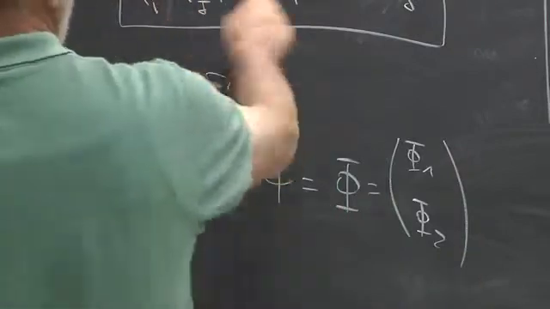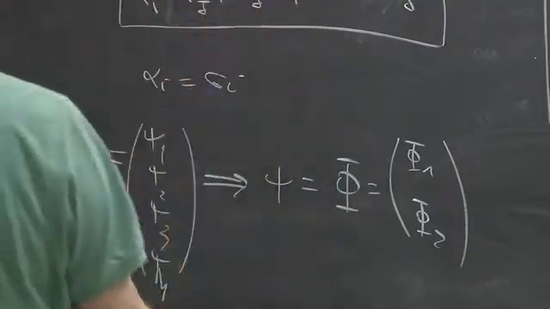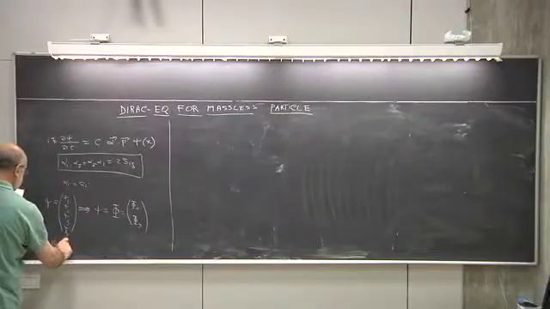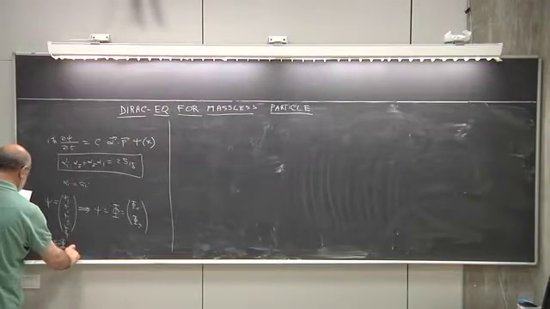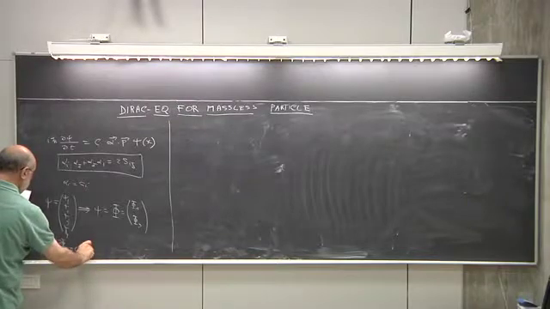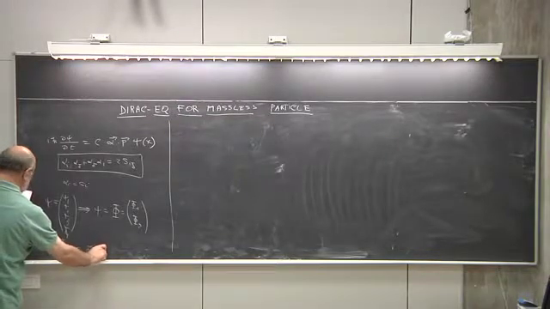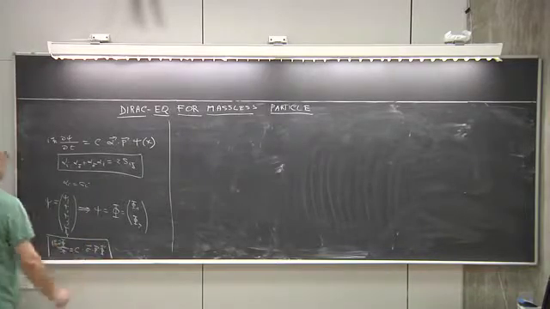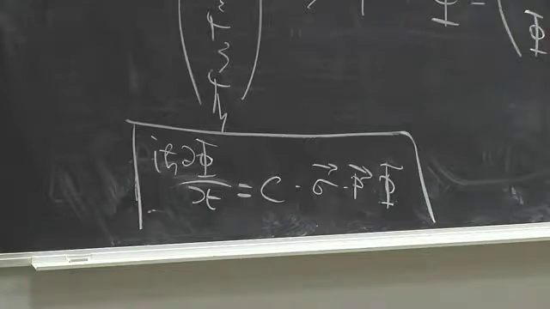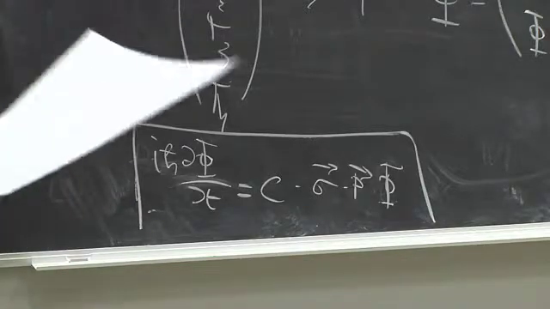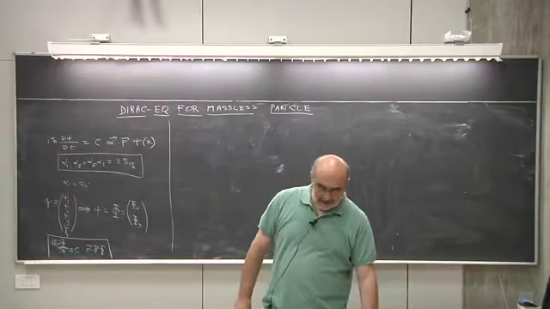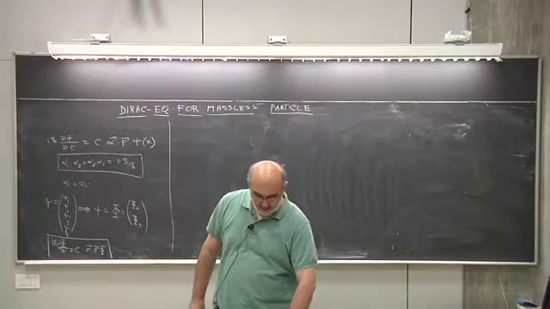Okay, and the equation then becomes i h-bar d phi dt equals c sigma dot p on phi. And so you see the Dirac equation for the massless particle actually is equivalent not to a 4 by 4 equation, but to a 2 by 2 equation.